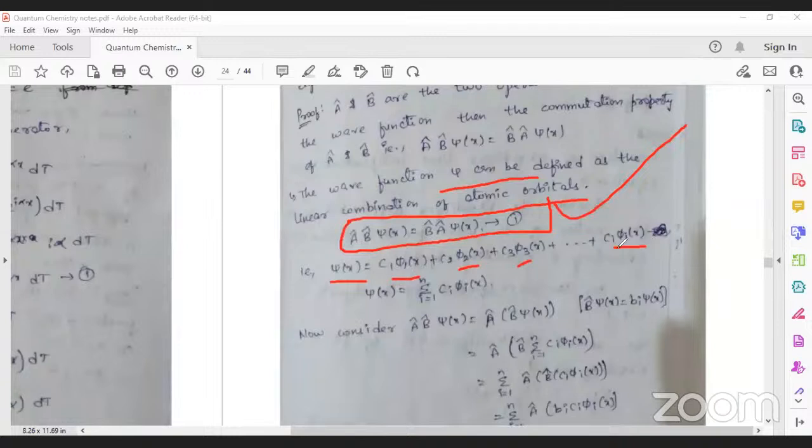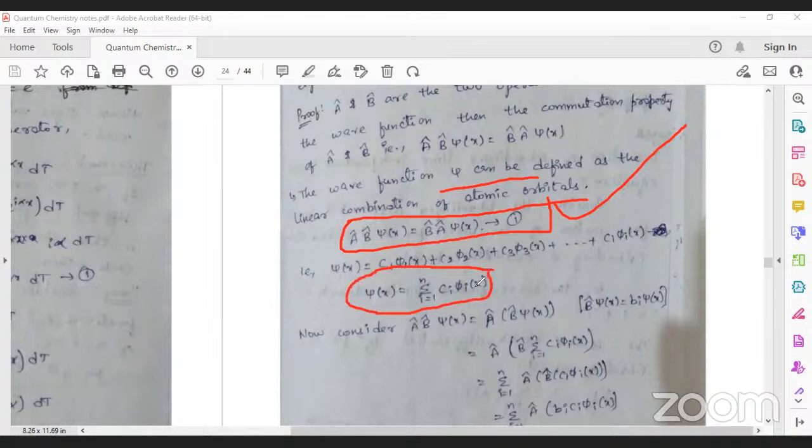The linear combination of these atomic orbitals is with the linear coefficients C1, C2, C3 and Ci. Or else we can write psi of x equal to the summation of Ci phi i of x. This is the psi we are going to select.